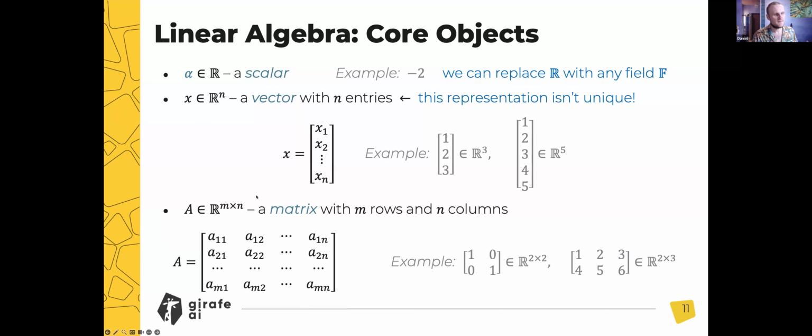And here we write that it belongs to the space R to the power M times N, which means rectangular matrices with M rows and N columns. For example, this square matrix belongs to R 2 times 2. This rectangular matrix belongs to the space R 2 times 3, because it has 2 rows, 3 columns. Okay?